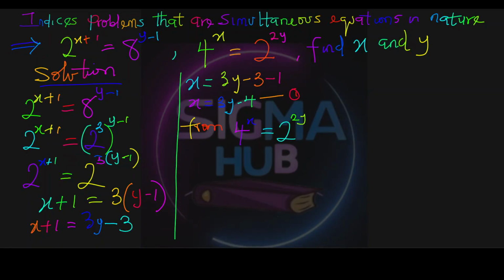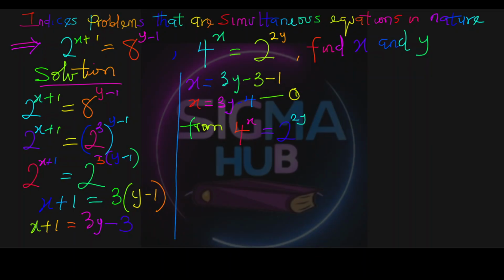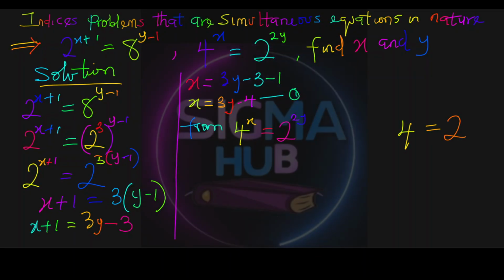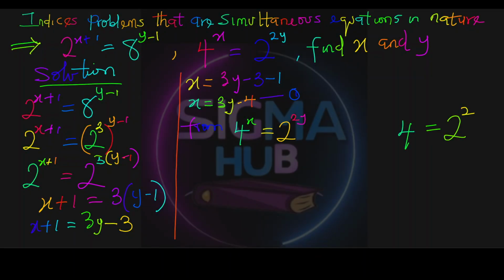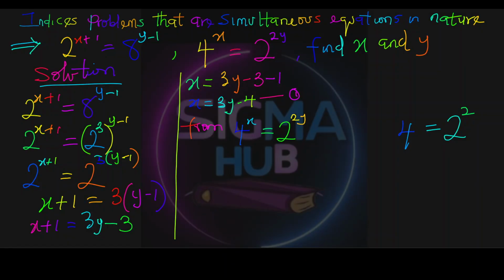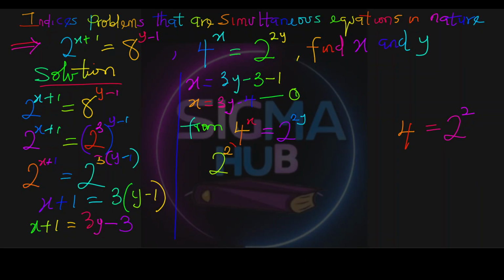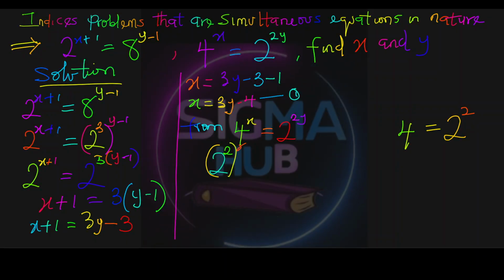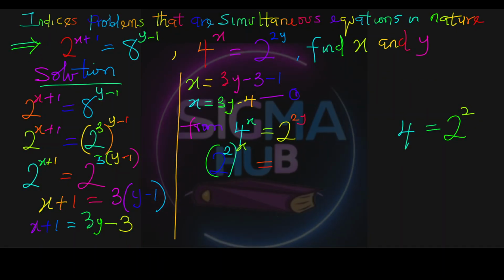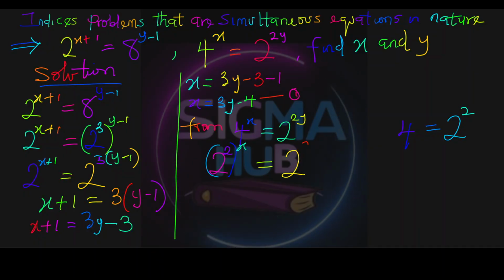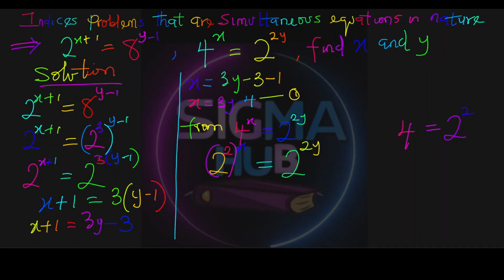Of course, I can write 4 as 2 raised to the power of 2. So that's what I'm going to be doing here. So instead of writing 4, I'll write 2 raised to the power of 2. And of course, there's another power, which is x, equal to 2 raised to the power of 2y.